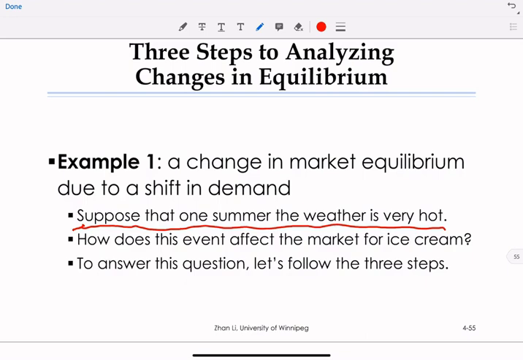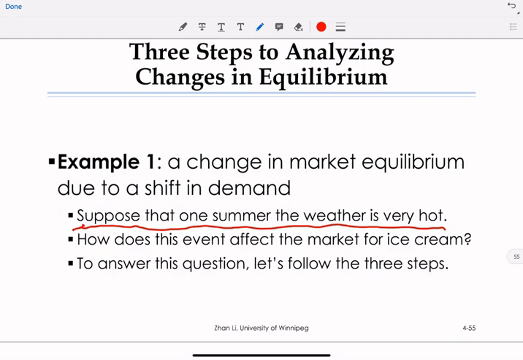Now remember the three-step process. We're talking about hot weather. Should this affect the supply curve? I don't think so, right? Now, should this affect the demand curve? Well, it's clear this should affect the demand curve, right?